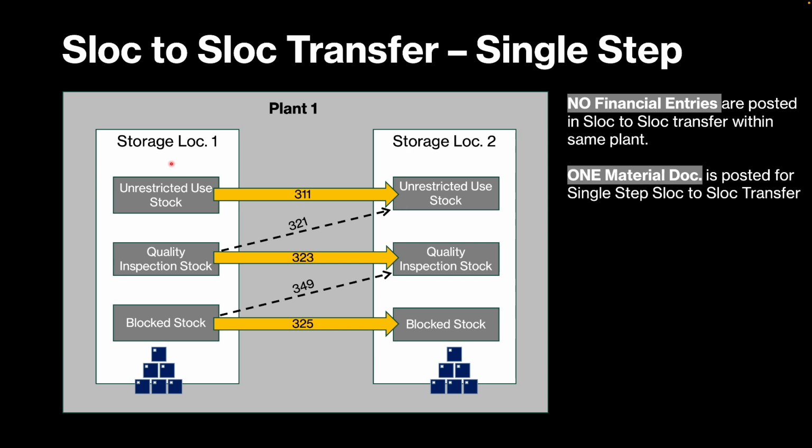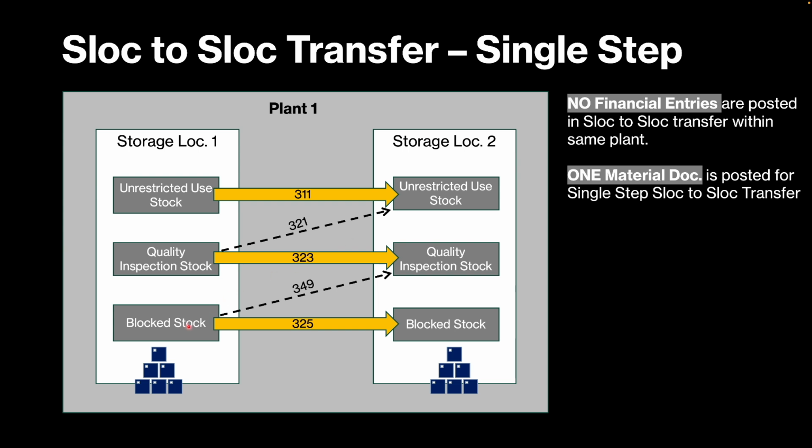In one storage location, you will keep your quality inspection stock, and when the material is inspected and found okay, and you are doing the transfer posting from quality inspection to unrestricted use, you will also transfer the material physically to another storage location or another warehouse. There also you have to use movement type 321, but at the destination side you can enter the storage location where you have to transfer the material to.